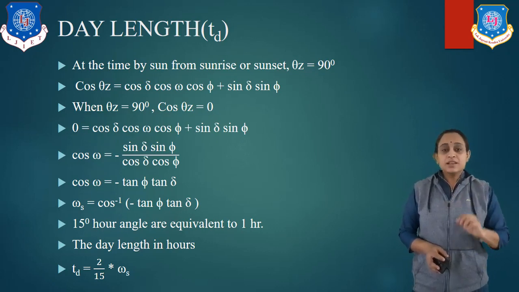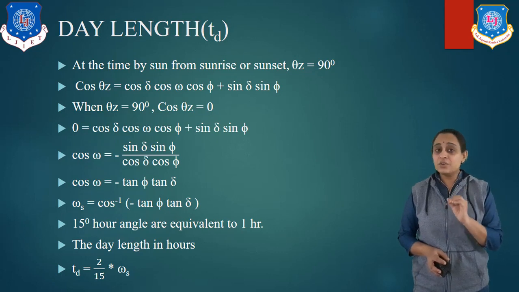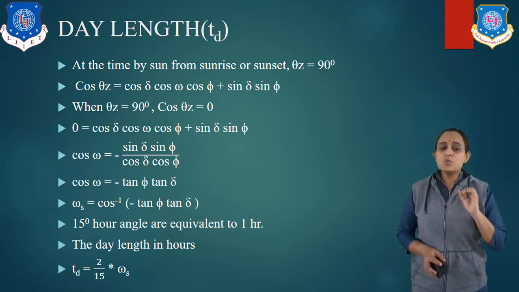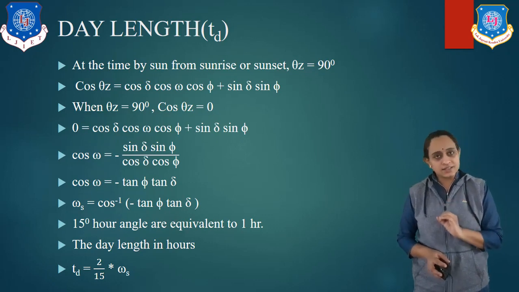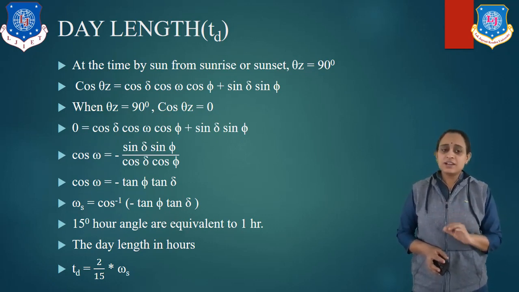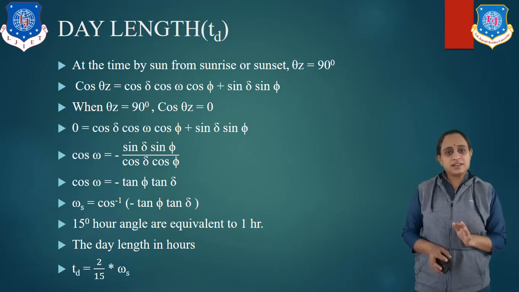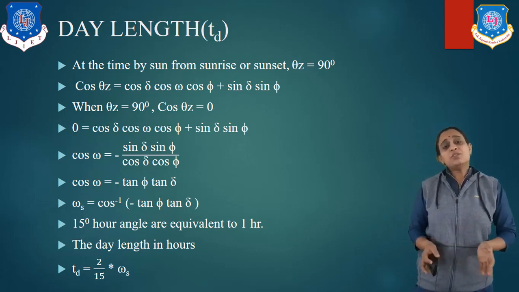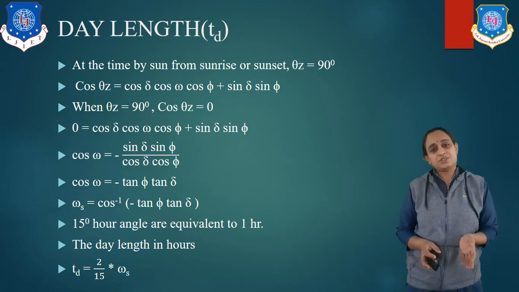So now the day length equation in hours, TD, meaning the day length value, is 2 by 15 into omega s. So finally we get the day length equation. Now we have to calculate the solar time for this.